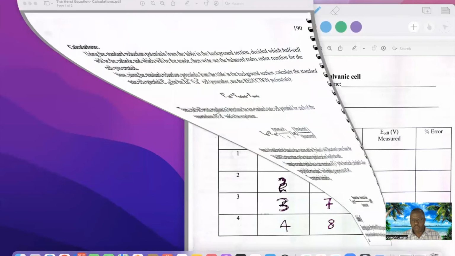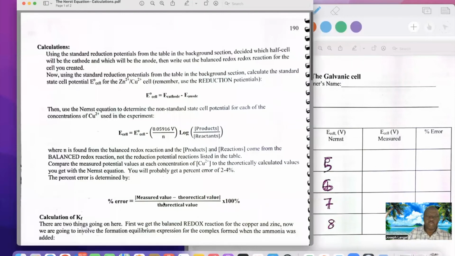Okay, yeah, right here, calculation. Look at percent error here, whichever is negative or positive. Measured is what you measure right here, and then calculate it right here.